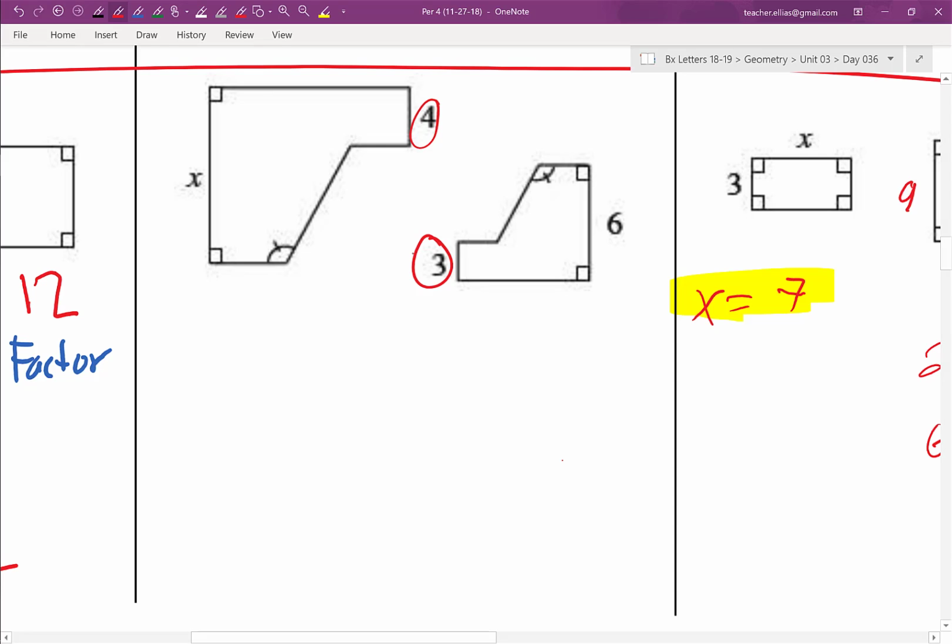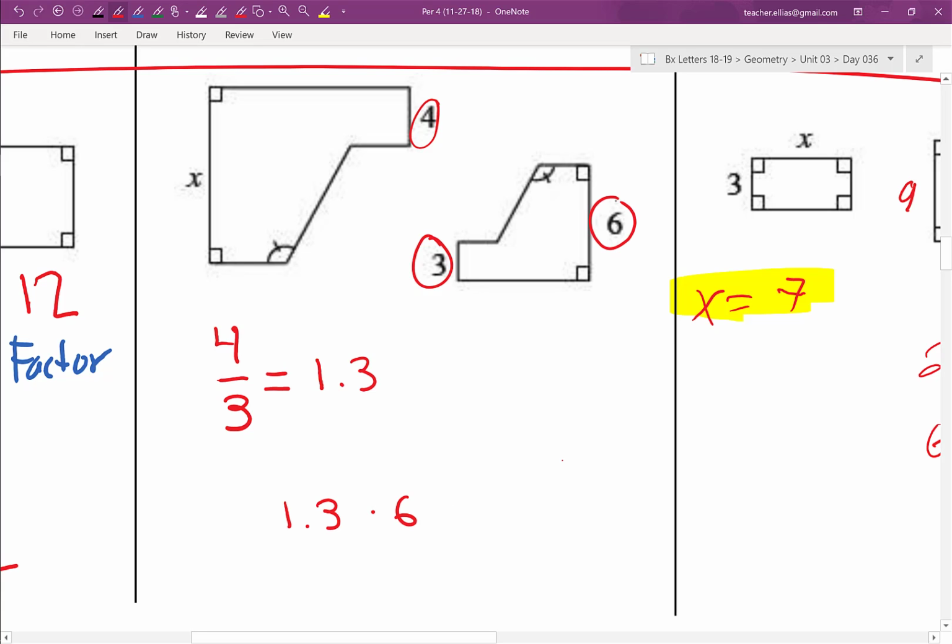This side corresponds. So we're going to divide that, comparing corresponding parts with division. Then I got 1.3. So then I'm going to multiply 1.3 times 6, which is.